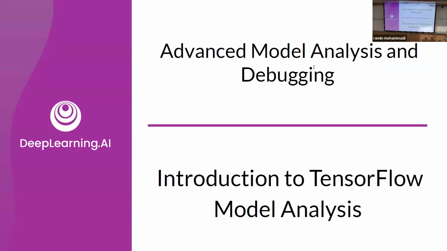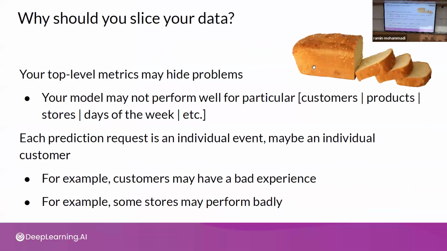So there's also a library, as we talk about TensorFlow in this class, called TensorFlow Model Analysis, TFMA. TFMA has out-of-the-box options for you to do data slicing and model analysis.